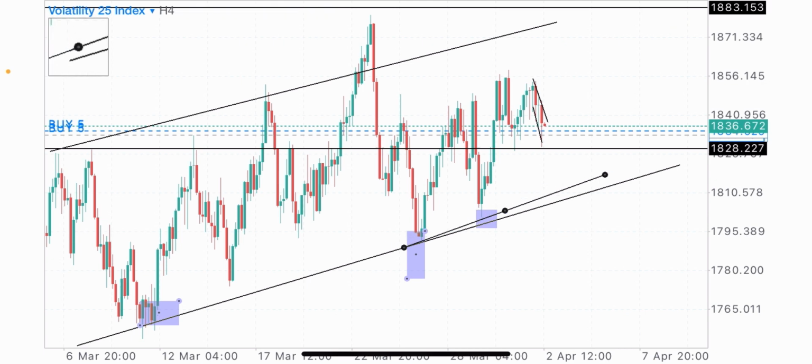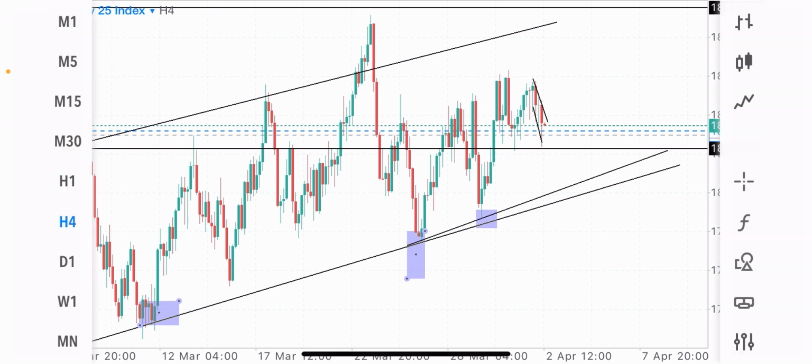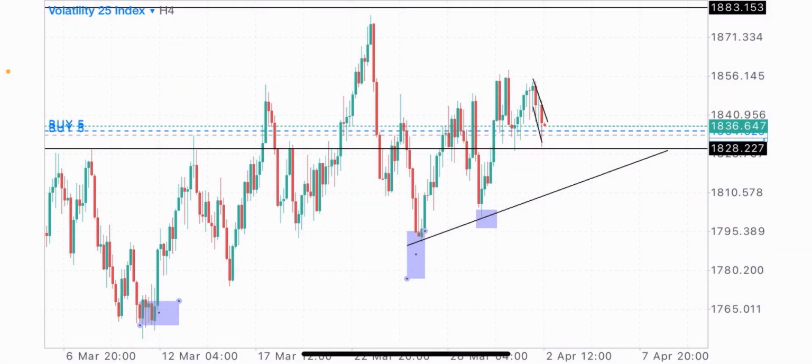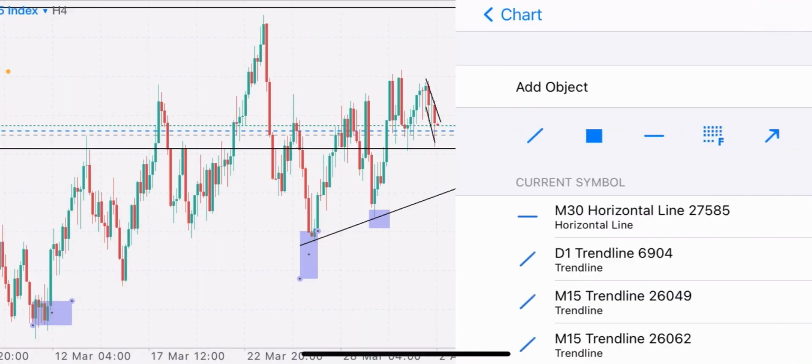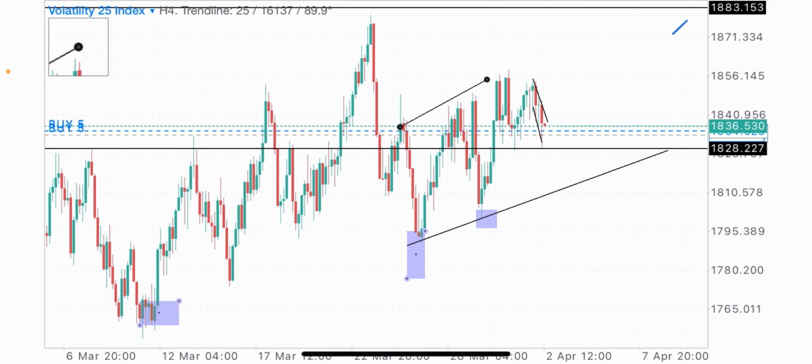You can see this other trend here is still pushing to the upside. Let me take this off. This is how I analyze the market. I'm going to take this out first, and then this trend here, you can see clearly another trend that is still pushing upwards. So this is a clear uptrend.